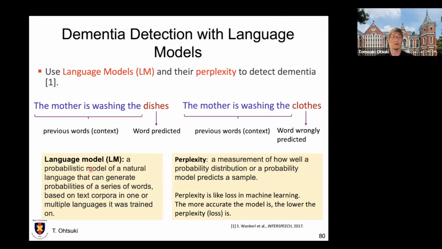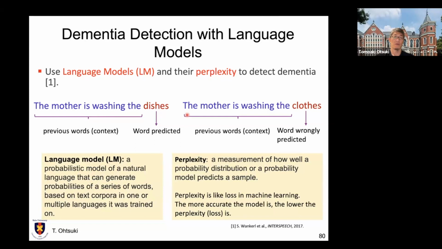As mentioned here, a large language model is a probabilistic model of a natural language that can generate probabilities of a series of words based on text corpora in one or multiple languages it was trained on. And perplexity is a measurement of how well a probability distribution or a probability model predicts a sample.